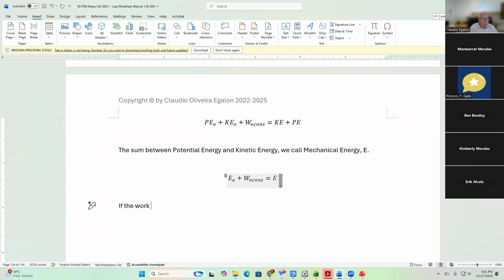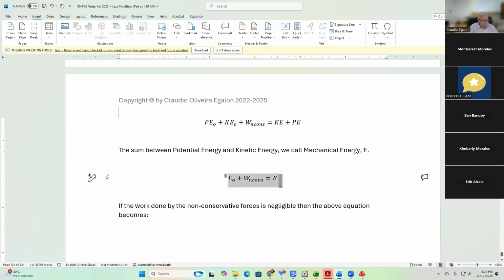If the work done by the non-conservative forces is negligible, and in many cases it is, then the above equation becomes initial mechanical energy equal to final mechanical energy.